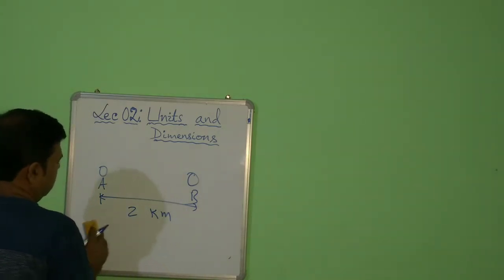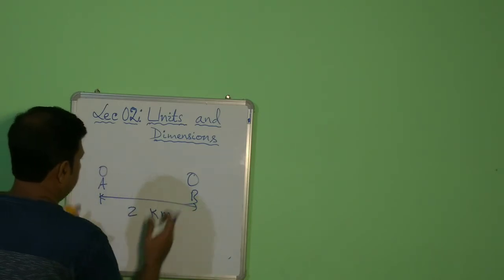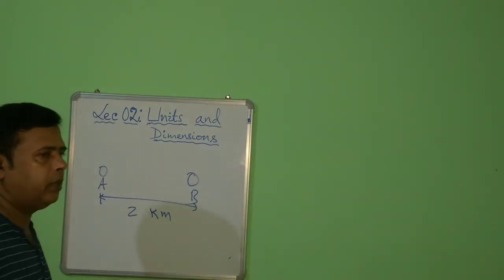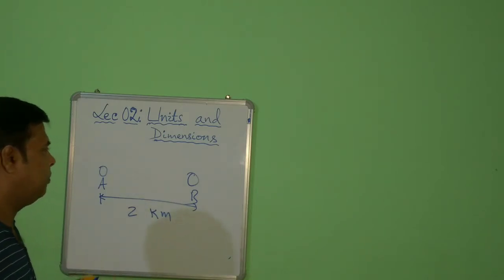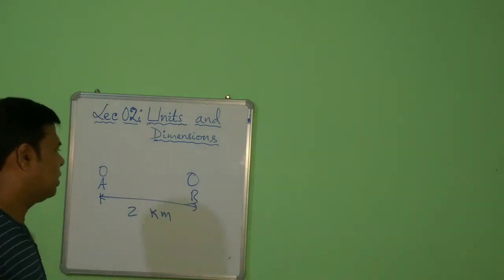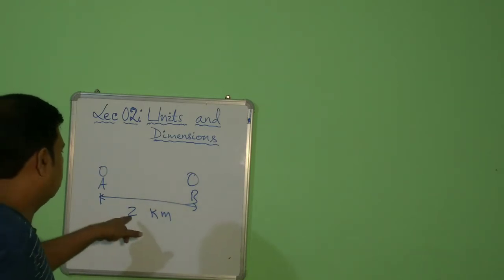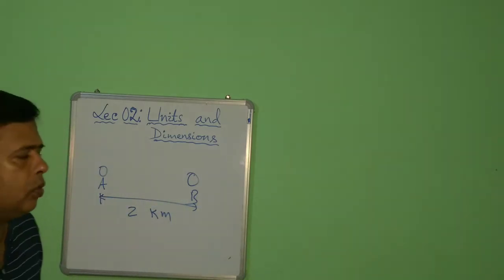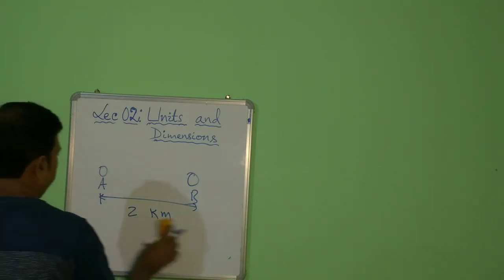So here, after measuring this distance either by a tape, distance is always measured by instrument, that is the measuring tape for bigger distances, and for smaller lengths we usually use the scale. So definitely for measuring any physical quantity we always need some instruments. So this is 2 kilometers.